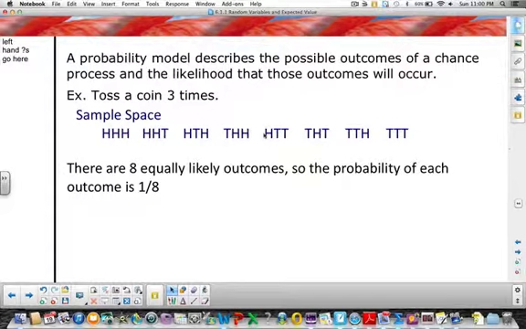And then in the second row, we're looking at the probability of each of those values. 1/8 for 0, 3/8 because there were 3 outcomes that had 1 head out of the 8 total outcomes. Also 3/8 for 2 heads because there were 3 outcomes that had 2 heads. And then again 1/8 for a value of 3.